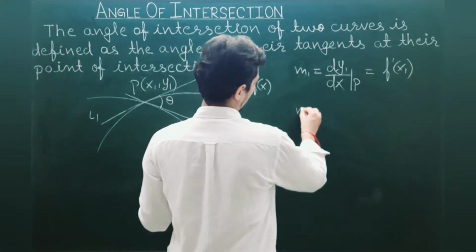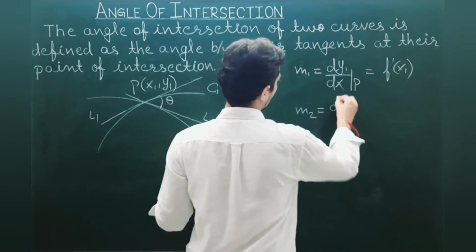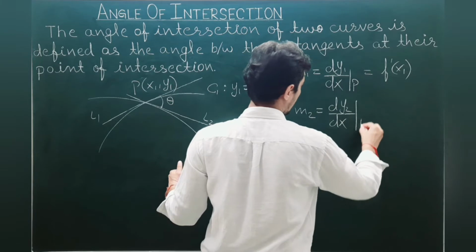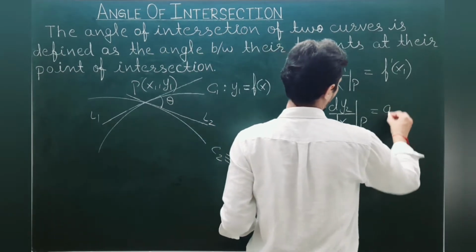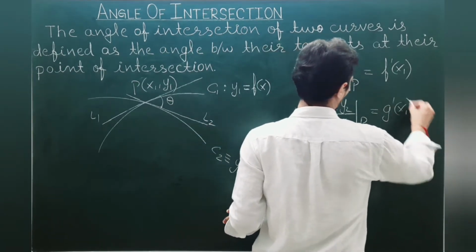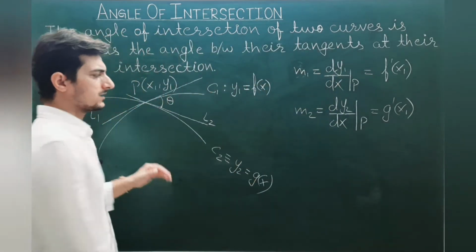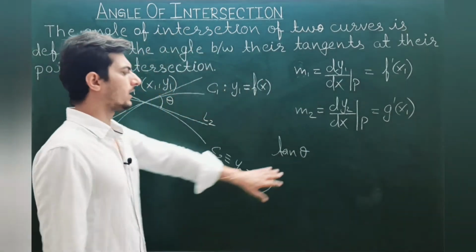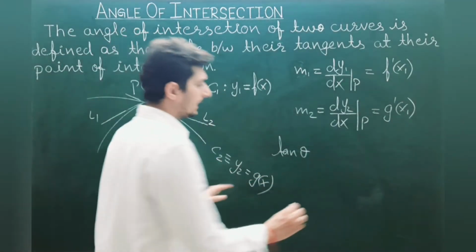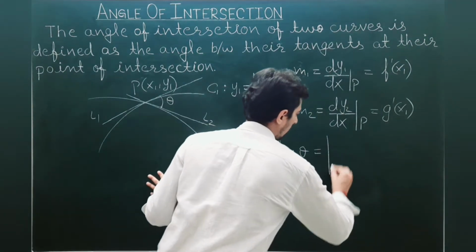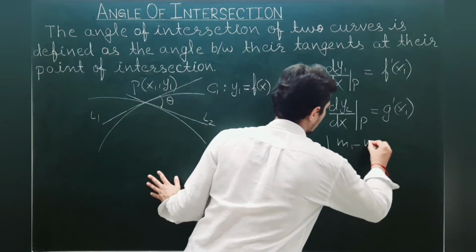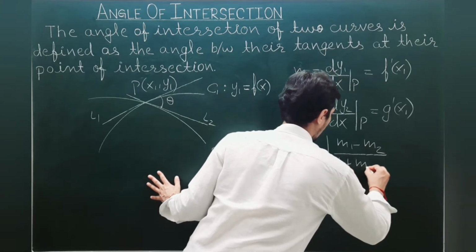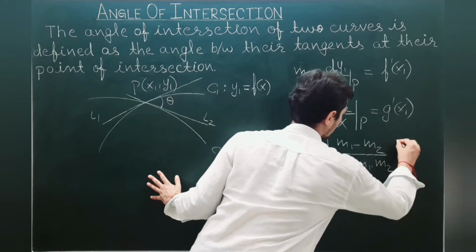Now the slope m2 will be dy2/dx at the same point P, and this is nothing but g dash of x1. Next, you know the angle of intersection of two lines. We have already read this in class 11th. This is given by the modulus of (m1 minus m2) upon (1 plus m1 m2).